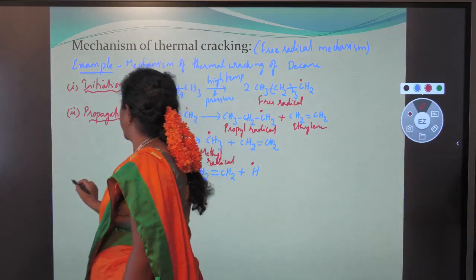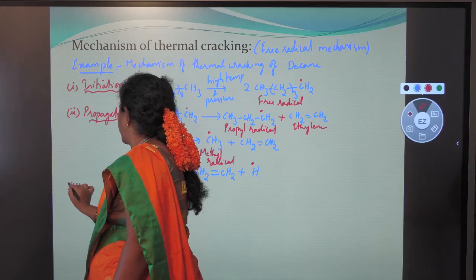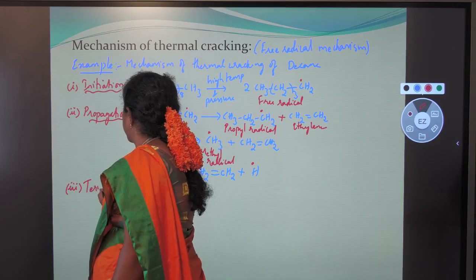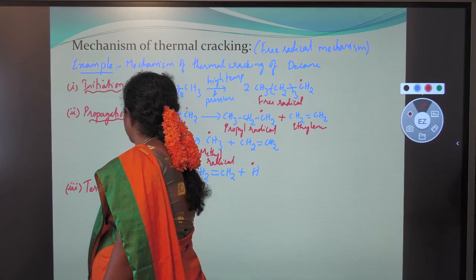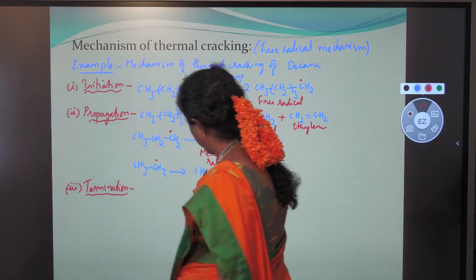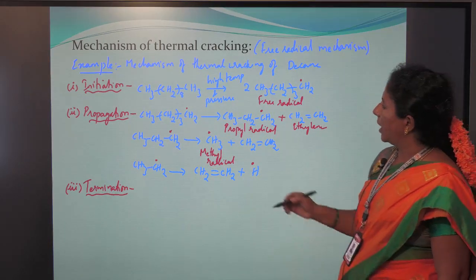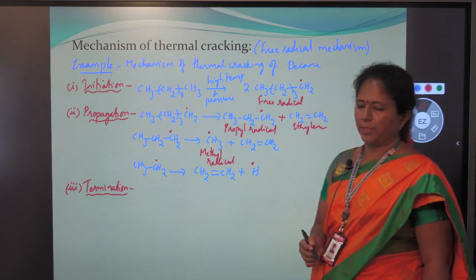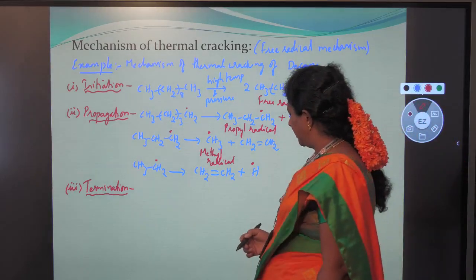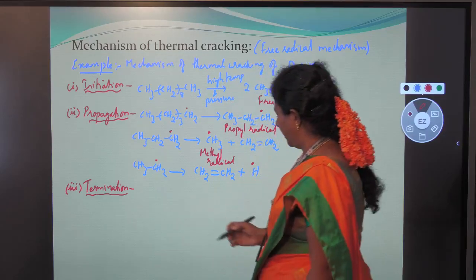And the third step is termination. In termination, coupling of unstable free radicals takes place. Here the unstable free radicals will undergo the termination reaction.